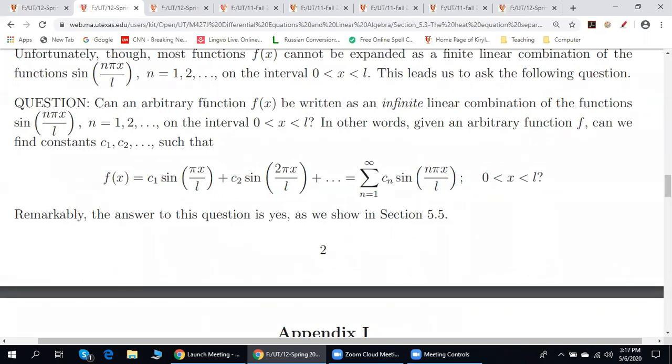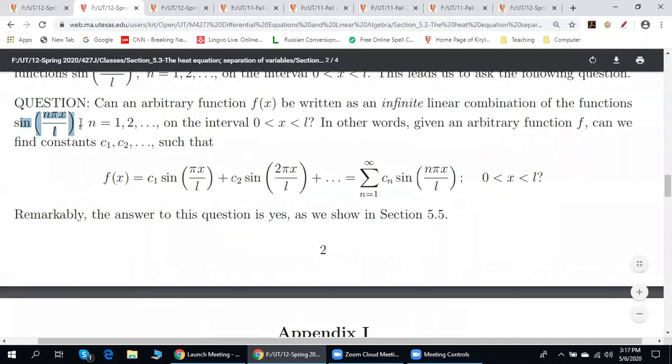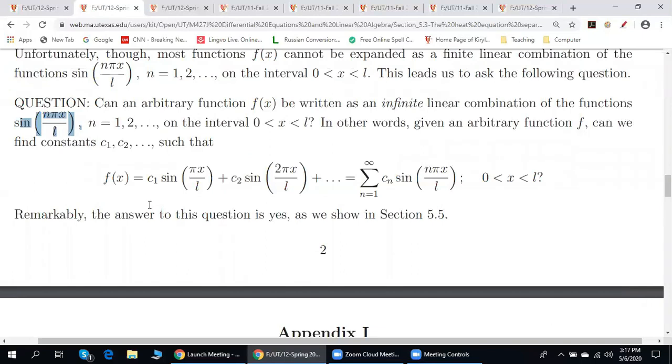Question: can an arbitrary function f of x be written as an infinite linear combination of these functions? Can we find C1, C2, and so on, such that f of x is equal to this? Remarkably, the answer to this question is yes.